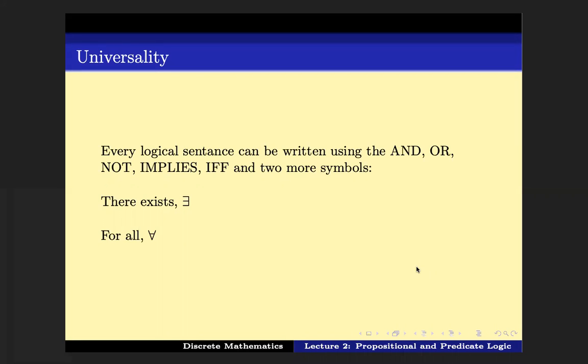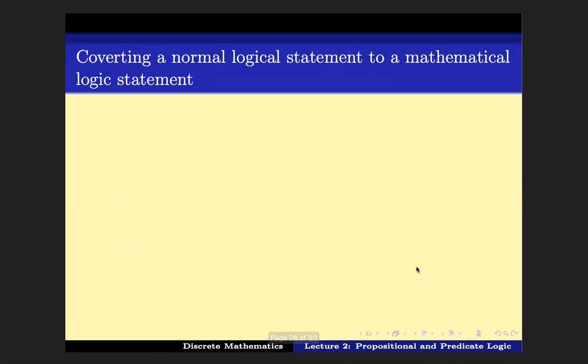Any logical statement can be made using this set of connectives. Okay, so now let me try to see why this way of formally seeing the logical statements is important.